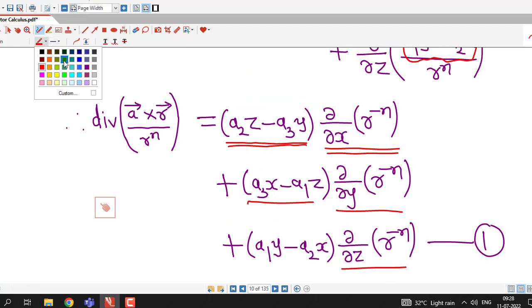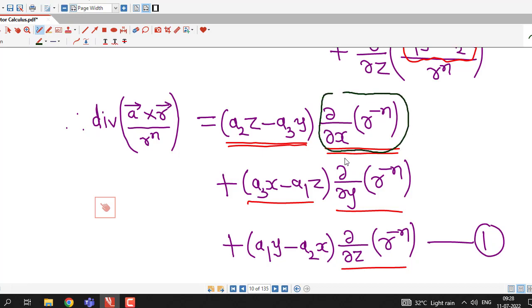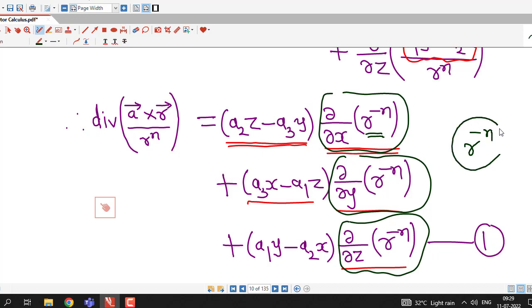So now our focus is to obtain these values, the partial derivatives of r raised to minus n with respect to x, y and z. We know that r raised to minus n is a function of x, y, z. Directly, r raised to minus n is a function of r, and indirectly it is a function of x, y, z.